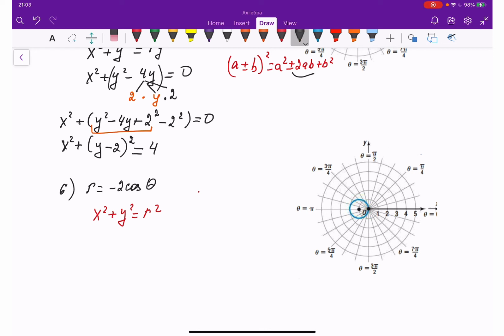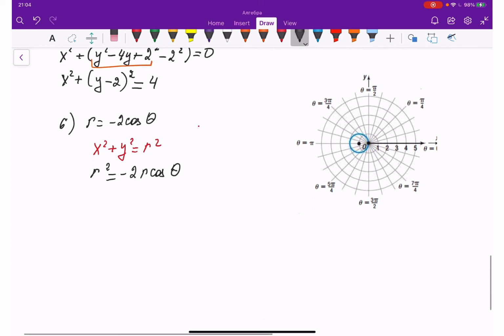And it's going to be equal, so r squared is equal to minus 2r cosine theta. So we multiplied the left and right sides by r to get r squared for the circle.